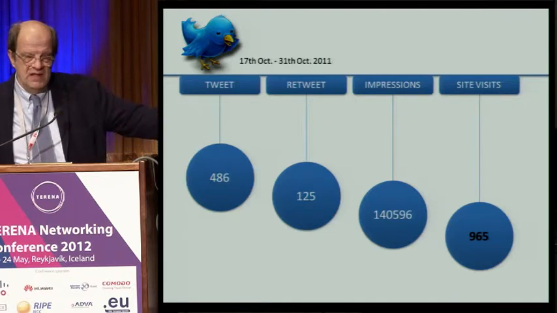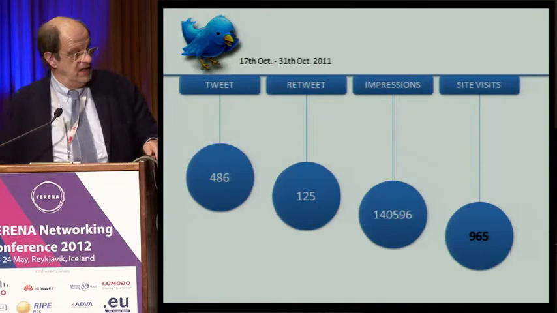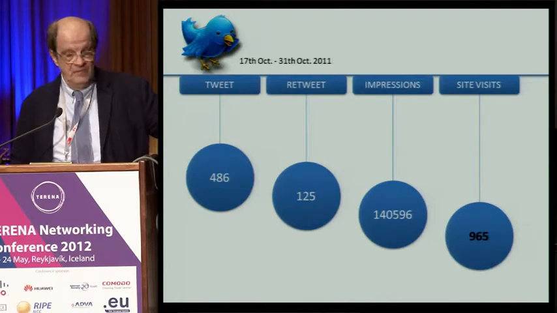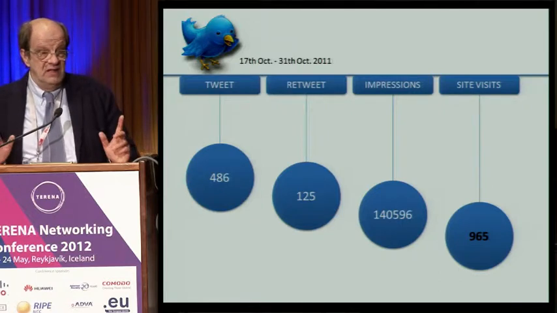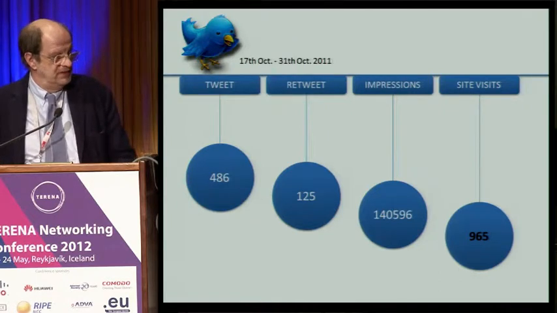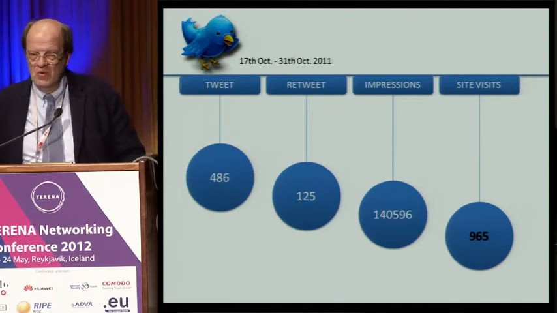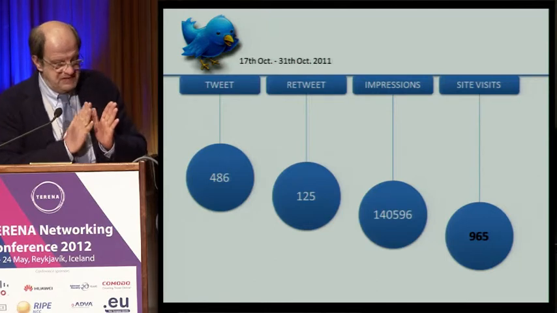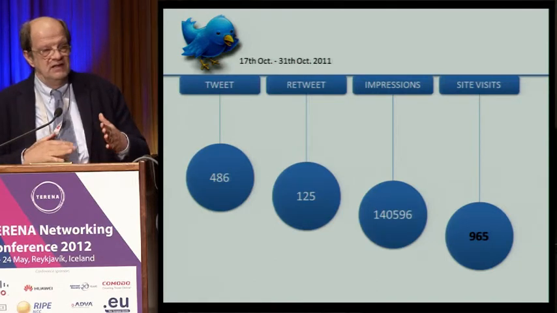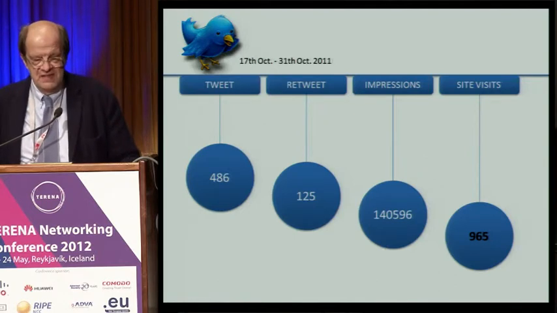So these are the numbers: 500 tweets and 125 retweets, mainly from power users. This is very important, and this is why we had more or less 1,000 visits. And visits are very different as far as different words are concerned.